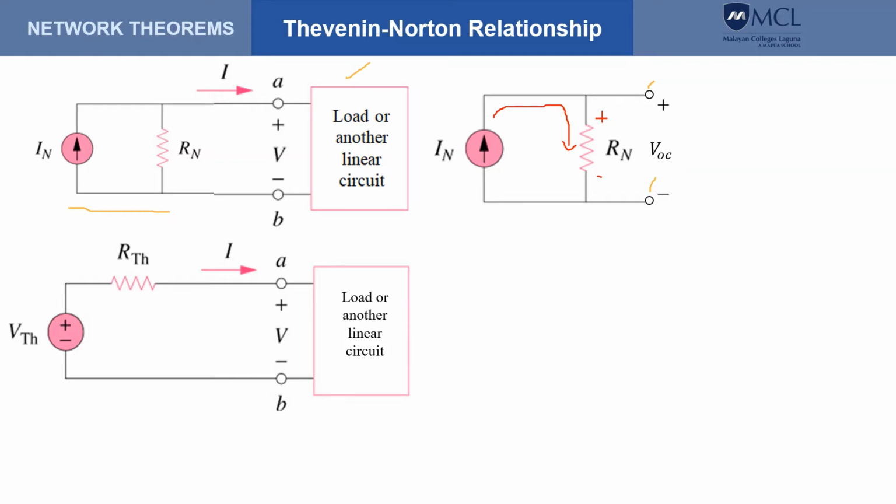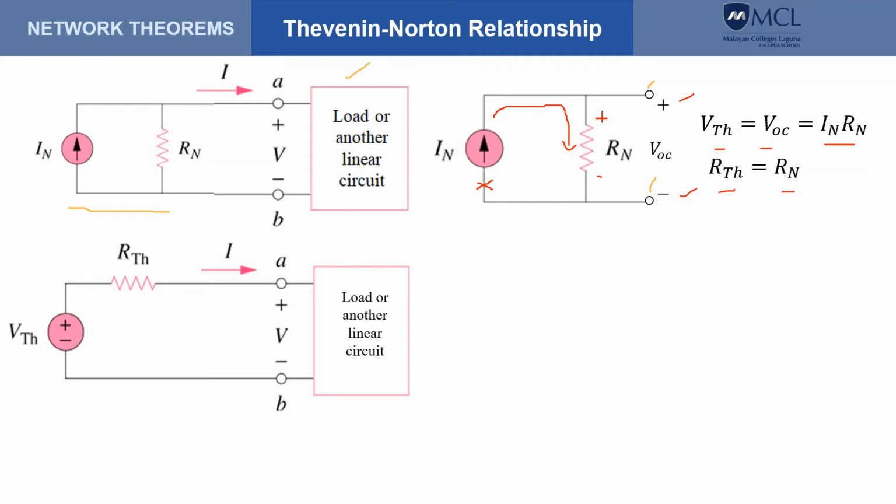Since this voltage across R sub n is also the voltage VOC, I can conclude that VOC, which is my VTH, would be equal to the voltage across R sub n, which is I sub n times Rn. Also, if I want to get RTH, I can disable this independent current source, giving me RTH equals R sub n.